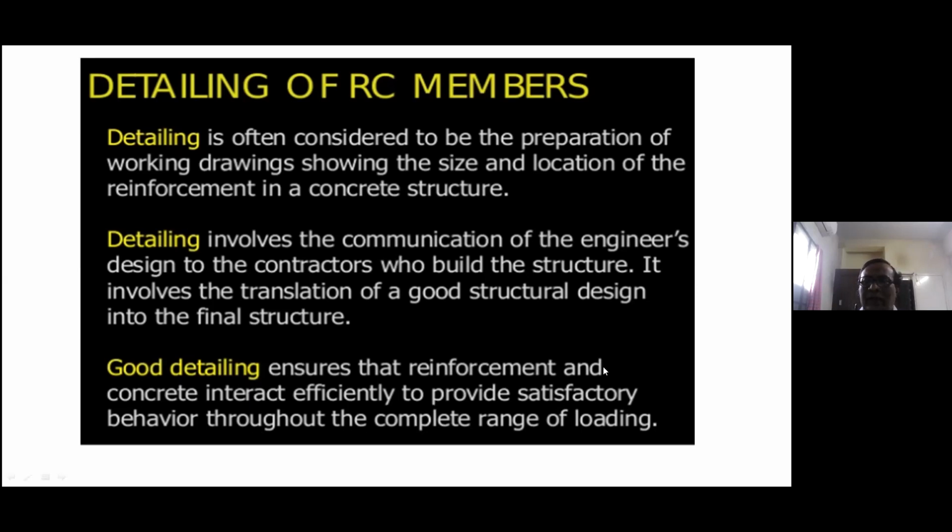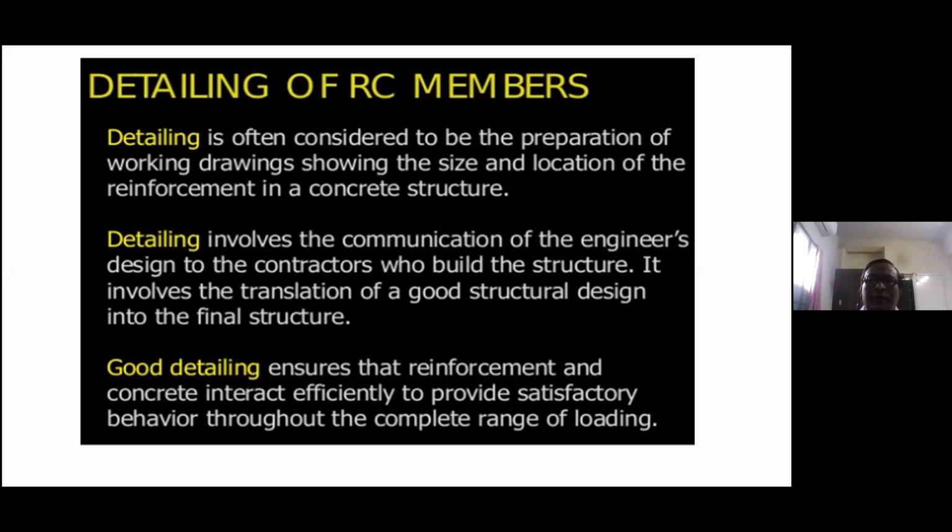We use concrete and steel. In the last webinar itself, I told you we use steel because there is a good bond between concrete and steel. Now, whenever you take any structural member, for example a beam, suppose you are loading it, the beam is going to bend. If you have a simply supported beam, the tension occurs at the bottom.